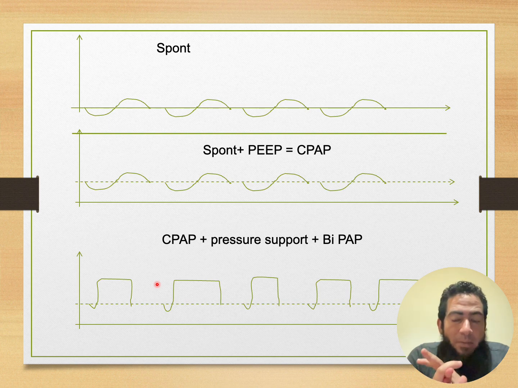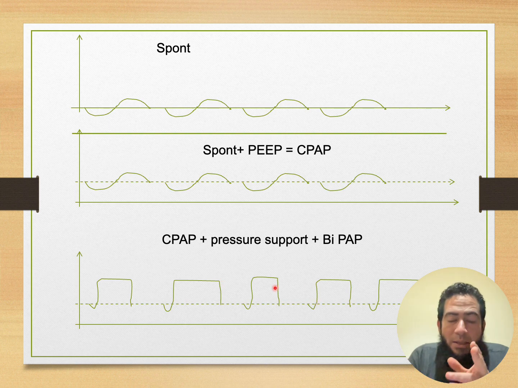So pressure control, even if it's assisted, initiated by the patient, needs to stay at a certain pressure for a certain time. So it's time cycled, but pressure support is flow cycled, and the patient can control the flow he's taking the air with. That's why pressure support sometimes can be terminated or cycled very early, and can stay longer if the patient decides to take more and more air.